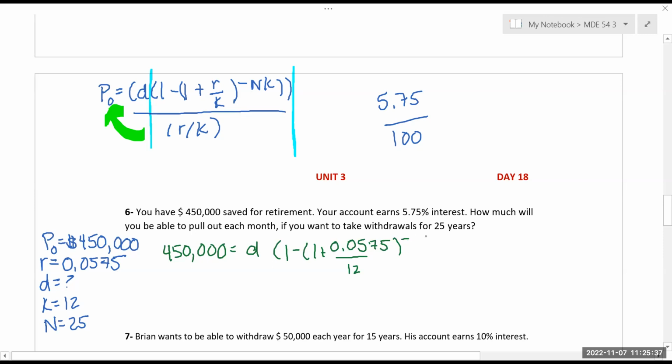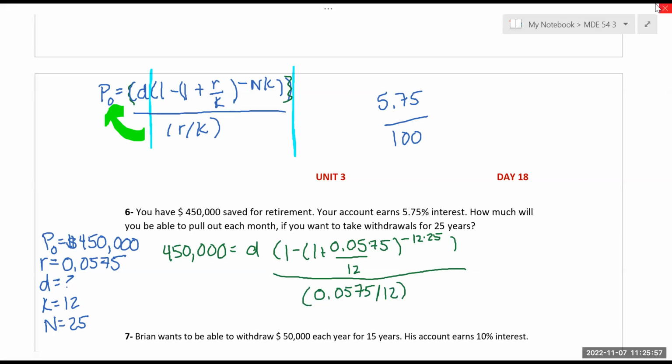And then negative NK. And remember, I cut this set and I cut this set. Okay, so I have all that.